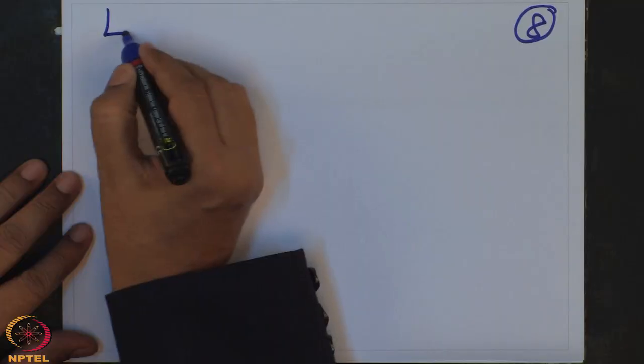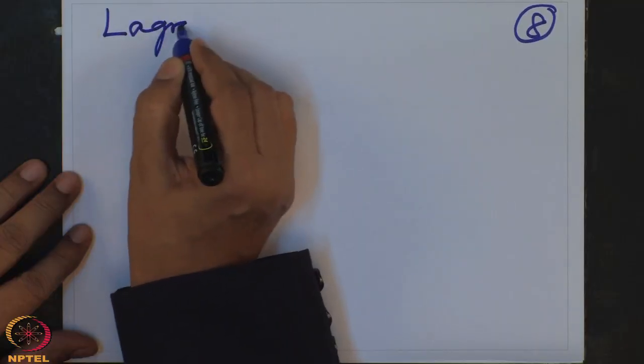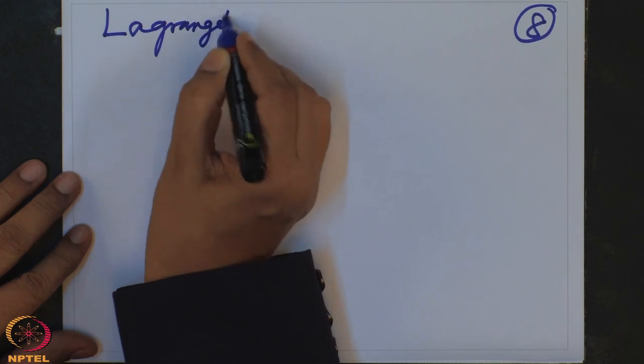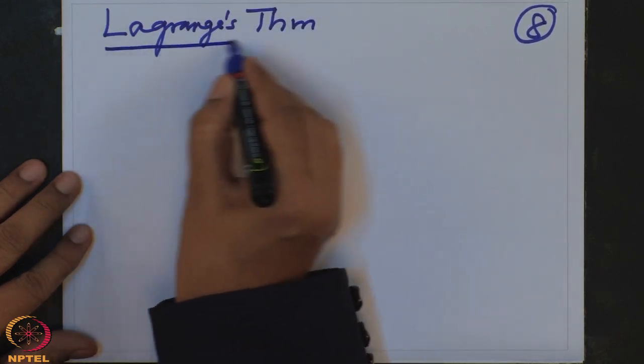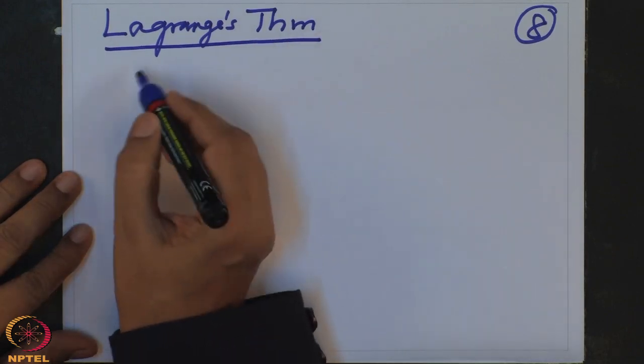So, the next thing I want to do now is another thing I used in my last lecture, what is called the Lagrange theorem. So, let me state it first.